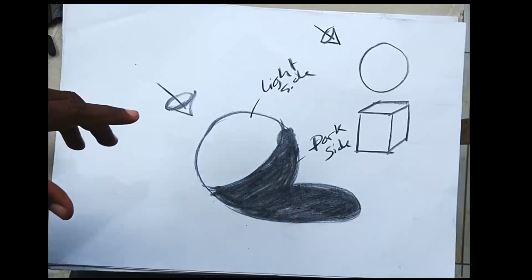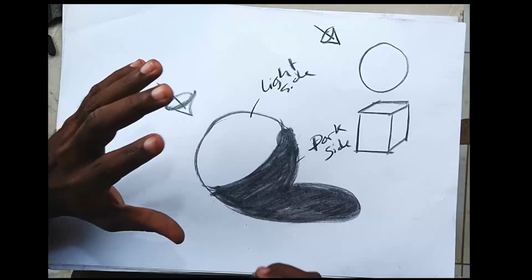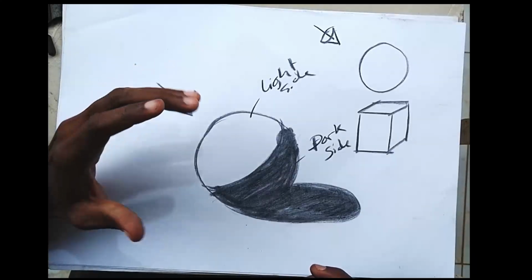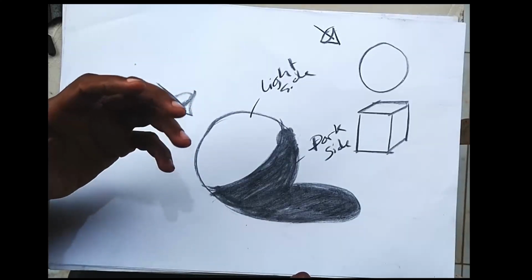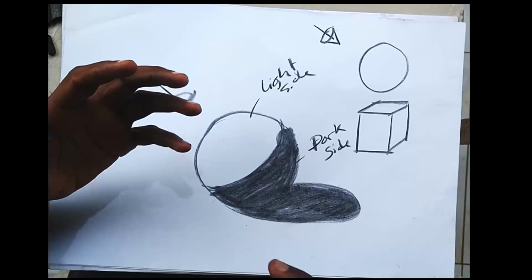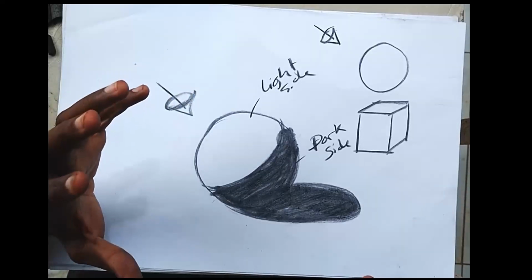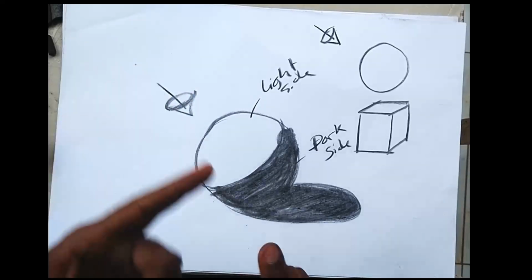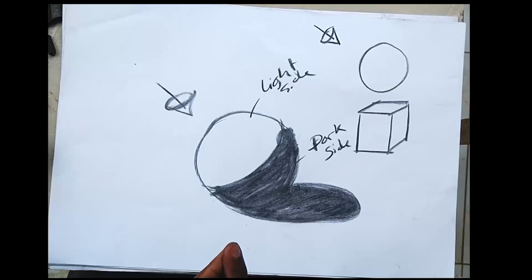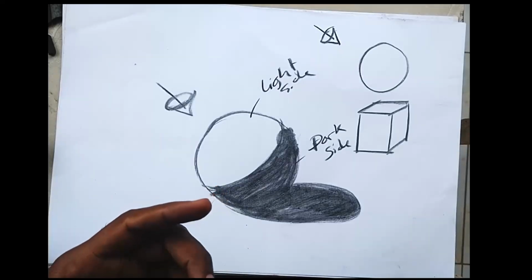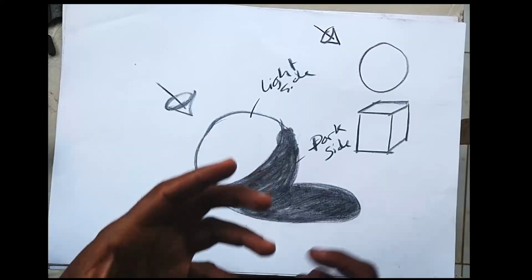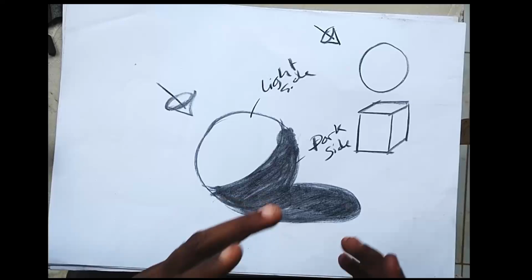So this phase is very, very important because you are dealing with many things. You're dealing with composition when you do this. You're dealing with contrast level. You're dealing with many things.